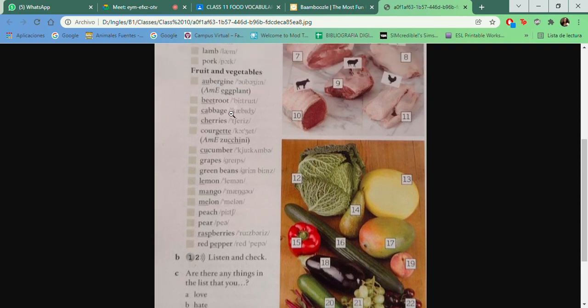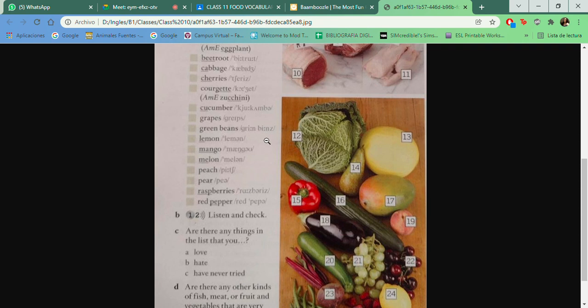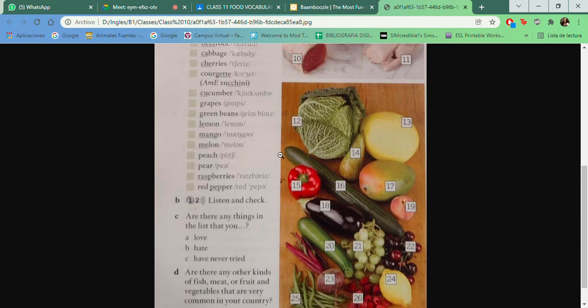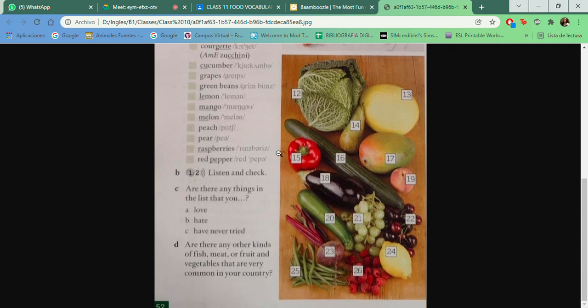Cabbage. Do you remember cabbage? 12. Very good. It's number 12. That's a weird photo. Yes, it's really weird. The pear is also weird. I don't know why. Cherry. It's a type of berry. 26?